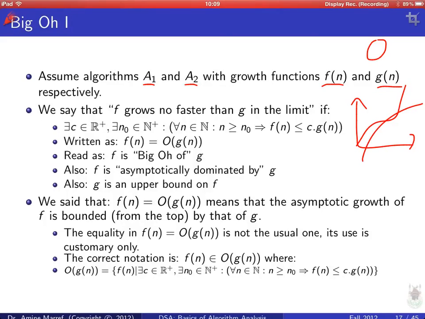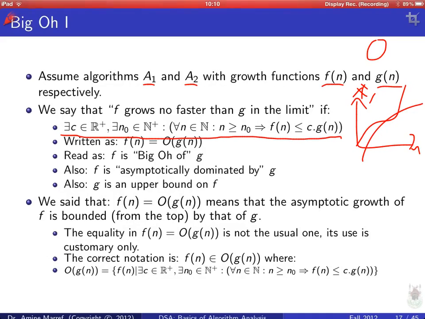It assumes that A1 is related to f and A2 is related to g. So in this case, which one is going to be more efficient? A1. If f is lower than g, that means g is faster than f.